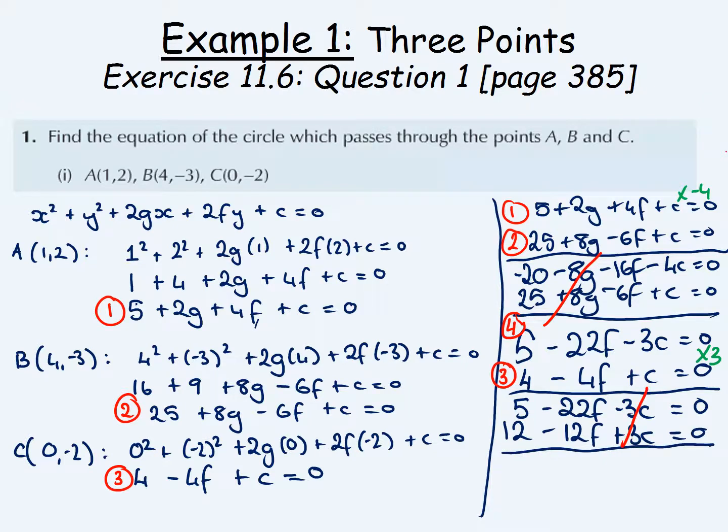The c's cancel out, so what I get is 17 minus 34f equals 0. When I work that, minus 34f is equal to minus 17, so f is equal to a half, or 0.5.